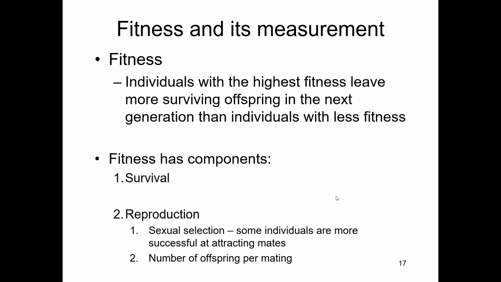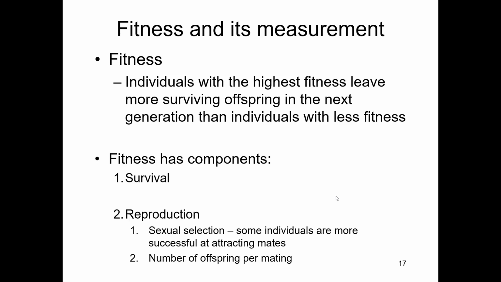And so when we calculate a fitness, what we call the fitness coefficient, it's a number from 0 to 1, where the most fit phenotype is assigned 100%, and then any lesser phenotypes are assigned a number less than 1 associated with how often they are able to pass on their alleles.